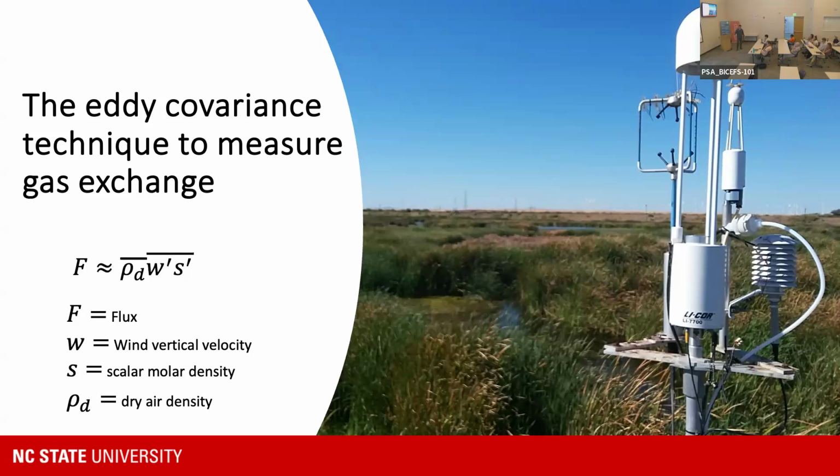This could be methane, CO2, nitrous oxide, water vapor. So this is great, and you've probably seen these towers before. Tom here has 6 towers studying fluxes in South Carolina. So today I'm going to show you some of our research using these towers.